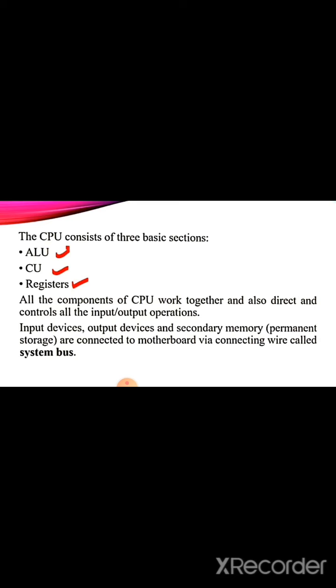The CPU consists of three basic sections: ALU, CU, and registers. All the components of the CPU work together and also direct and control all the input and output operations. Input devices, output devices, and secondary memory are connected to the motherboard via connecting wires called the system bus.